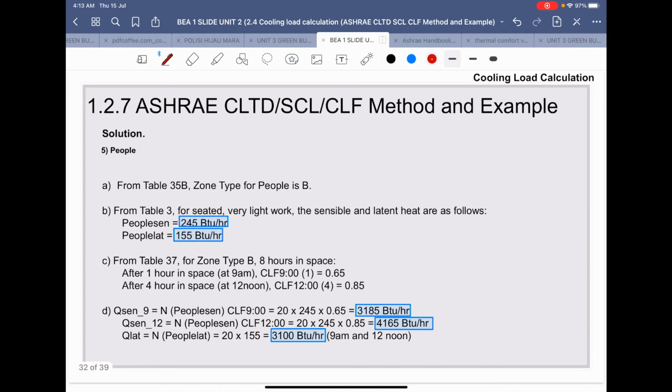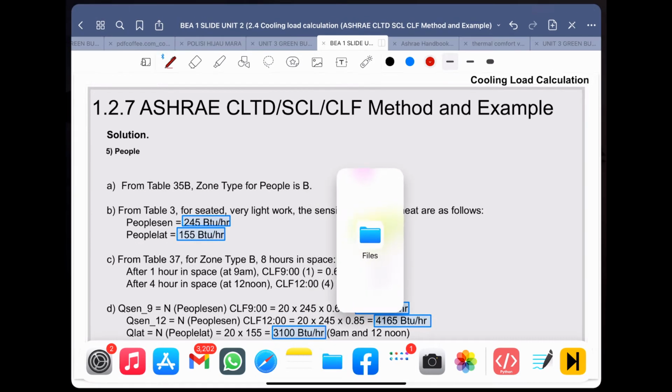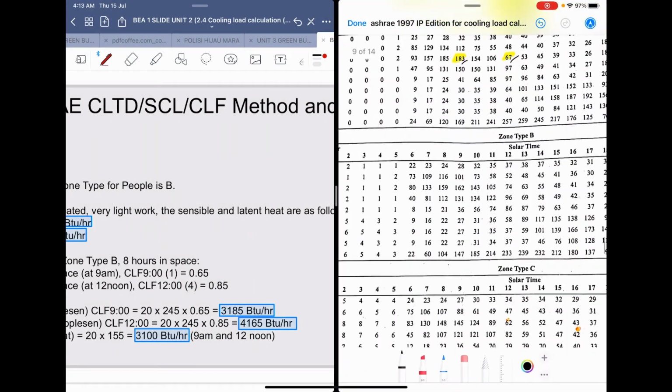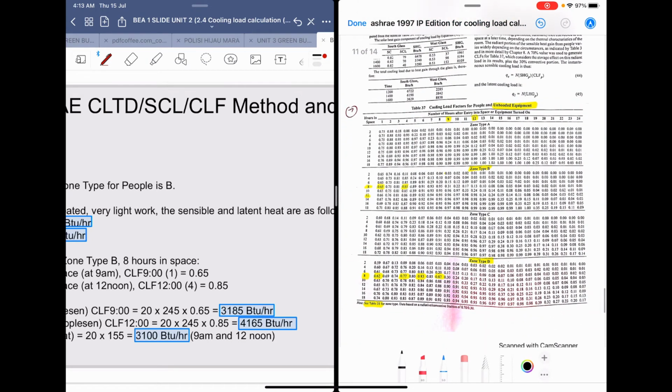And then, we must consider the cooling load from the people. From table 35B, we can get the zone type for people is B. Just now, we gathered class A for this wall, SCL, solar cooling load.